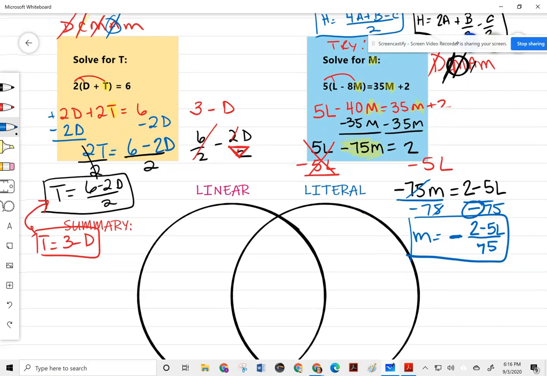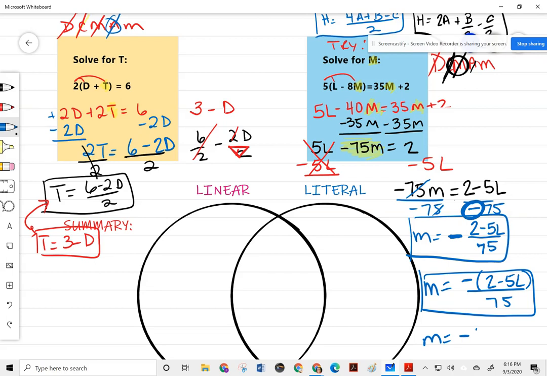If you don't put that negative off to the side and you give it to the top, then you have to distribute that negative to the top. So that negative would be up here. I would have 2 minus 5L over 75. So that is also equivalent, but now I would need to distribute. So negative 2 plus 5L over 75. So those are the equivalent answers.